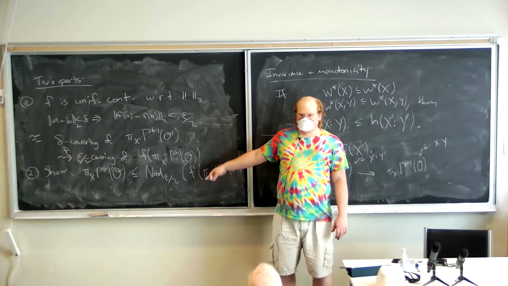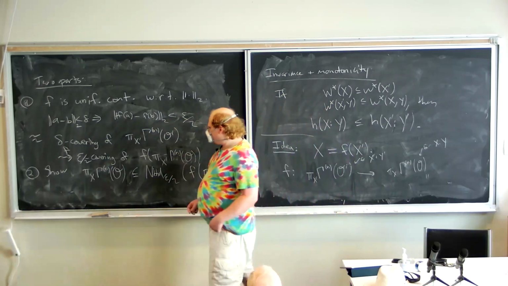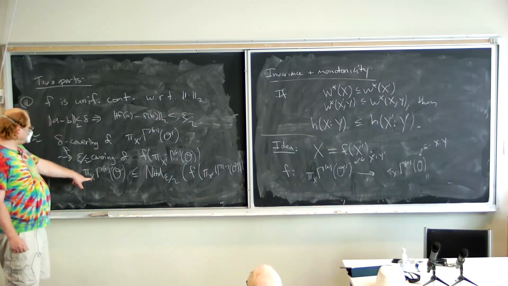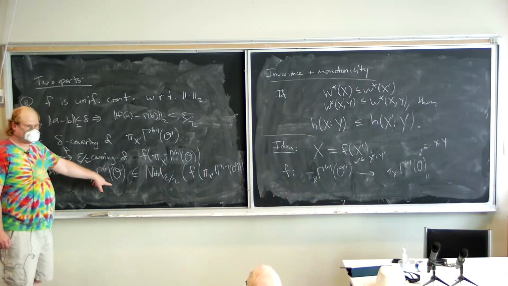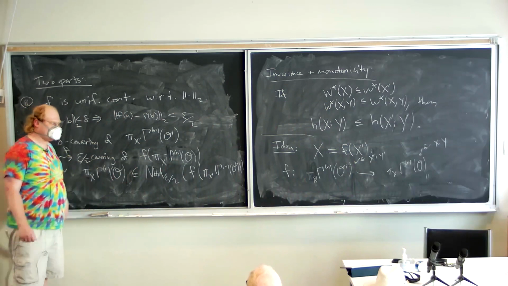And so how do you achieve that? Well, you want to show that everything which is a microstate space, which is a matrix approximation for x in the presence of y, is close to f of something.